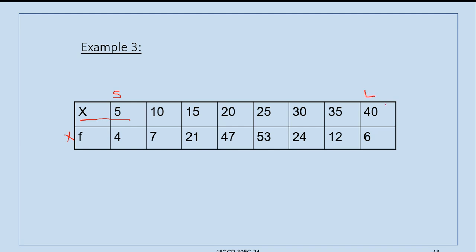That is L. So range is equal to L minus S, that is 40 minus 5. Coefficient of range is 40 minus 5 by L plus S, 40 plus 5, that is 45. So finally 35 by 45 is the answer.